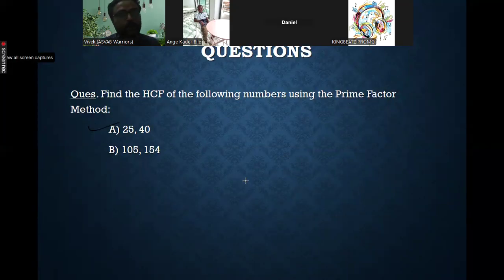You can use any method that you know, but prime factorization is best. There are fewer chances of error in it.